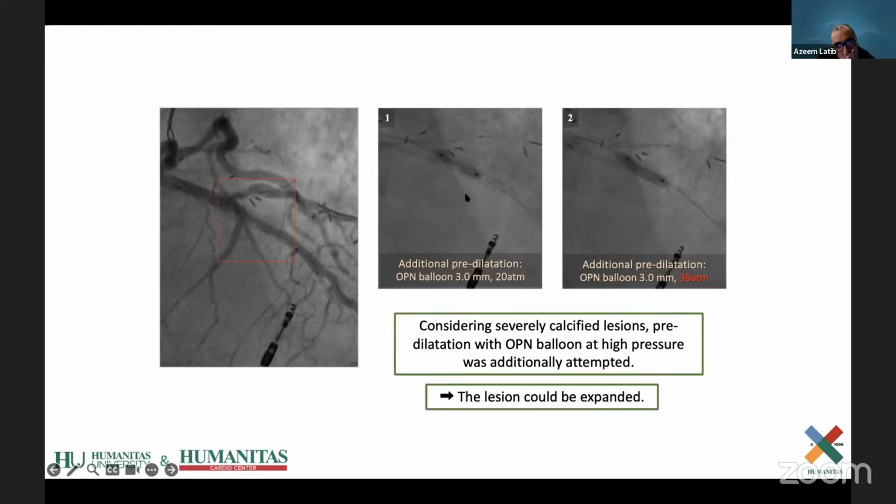You see still some dog boning effect at 20 atmospheres, and you see that the rationale of the OPN balloon is to go very high pressure, 36 atmospheres, and just at 36 atmospheres we obtained an acceptable expansion of the balloon, because still some dog boning effect is visible at the floor.